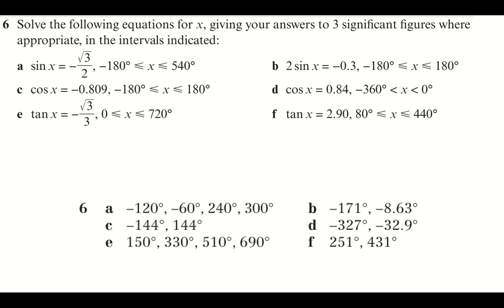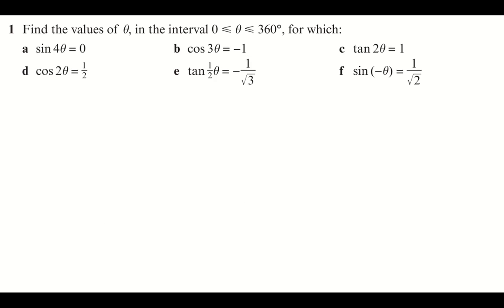Okay. Now, these are the ones where it's a bit more interesting. There's a little bit of an extra step to do before we can get to our calculator, and a bit of an extra step at the end. So the thing to notice is that inside my sine function, I've got sine of 4 theta. Now my range is just theta. They don't match, and I need them to. So first thing we need to do is make what's inside that range match what's inside my sine, cos, or tan.